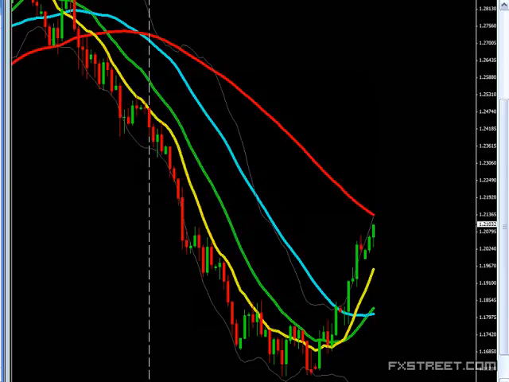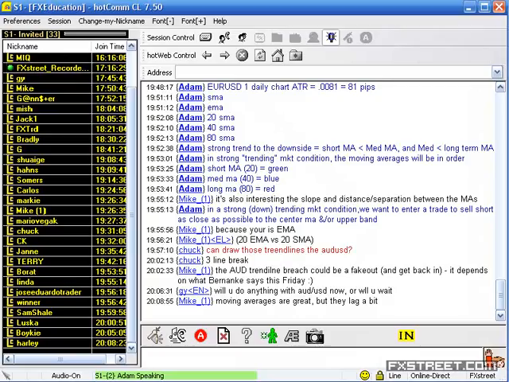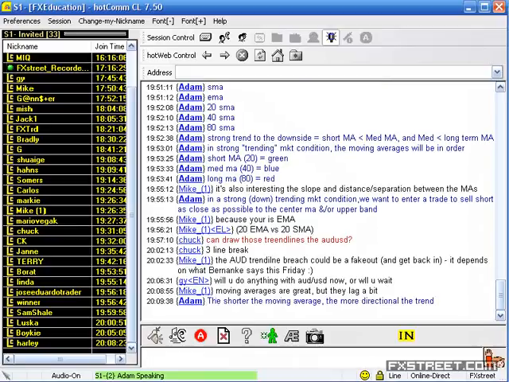The shorter the moving average, the more directional the trend. In this case, the Euro-Aussie trend was so strong we would not have been able to sell short near the 20 simple moving average. The 10 simple moving average would have been the best place to sell short.